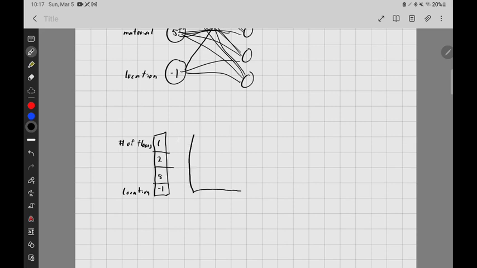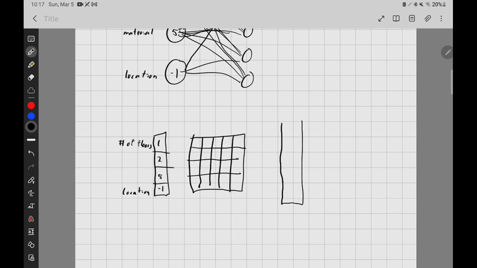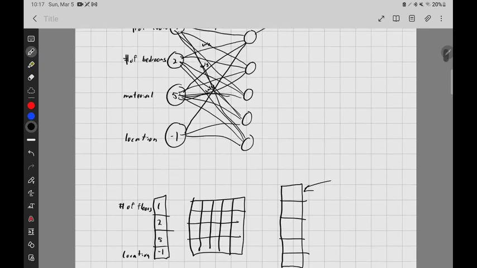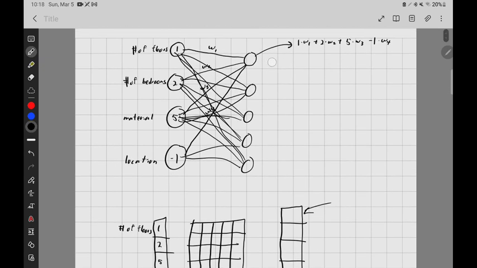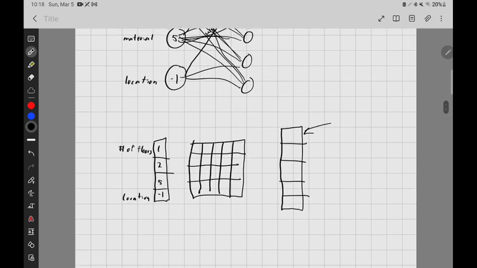Then you pass that through a linear layer, which is represented as a matrix multiplication with a 4 by 5 matrix. You get an output vector which has 5 parts to it, and this first part is this node right here, which is just the weighted sum that I showed before.